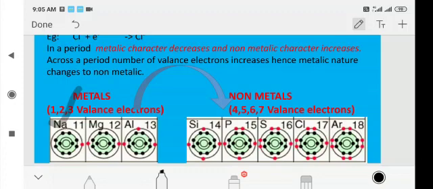Magnesium needs to donate 2 electrons, which is much more difficult than sodium, whereas aluminium needs to donate 3 electrons, so the complication level increases. So sodium donates electrons very easily and is considered more metallic, whereas aluminium is considered the least metallic in this case. That is why it is written here that metallic character decreases.